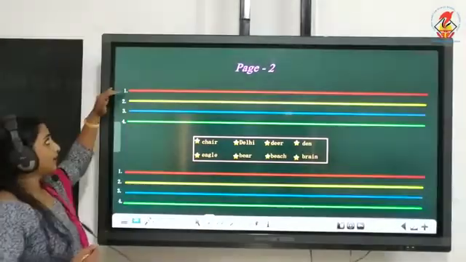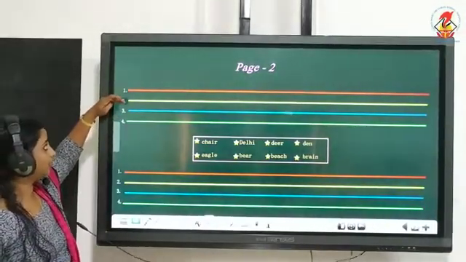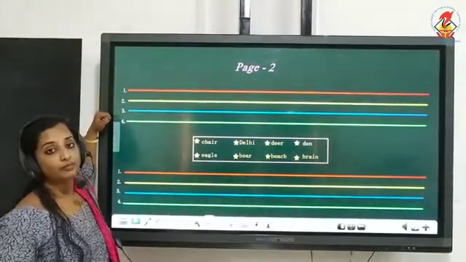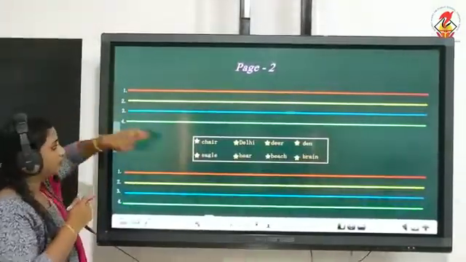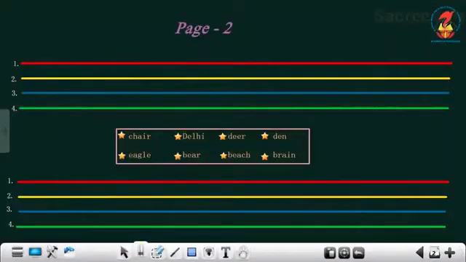As I've said, we have again 4 lines starting with a red line, yellow line, blue line and ending up with a 4th line that is green in color. So, we are beginning from the 3rd line.